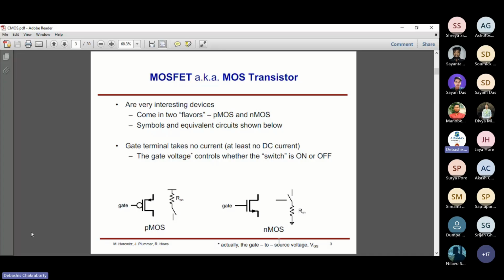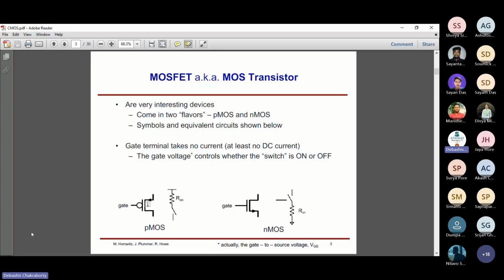Briefly, the MOSFET is classified into two categories: PMOS, where P stands for positive, and NMOS, for negative MOS. Looking at the symbols, you will find there are three terminals for both PMOS and NMOS.